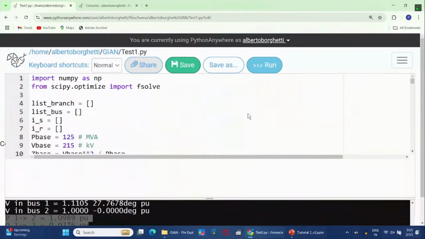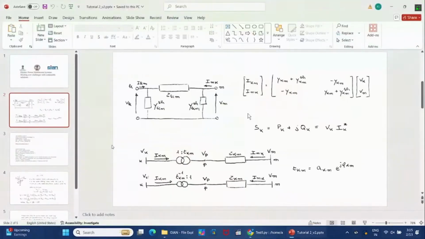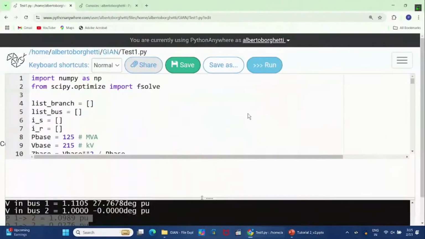Also in the presentation, you see that the same results can be obtained just directly. I need to check.